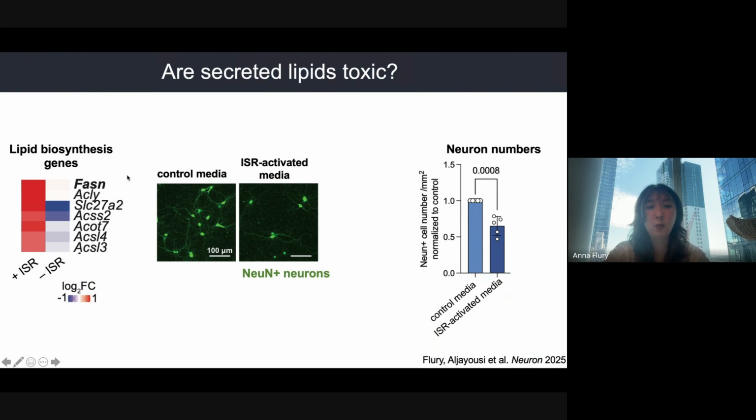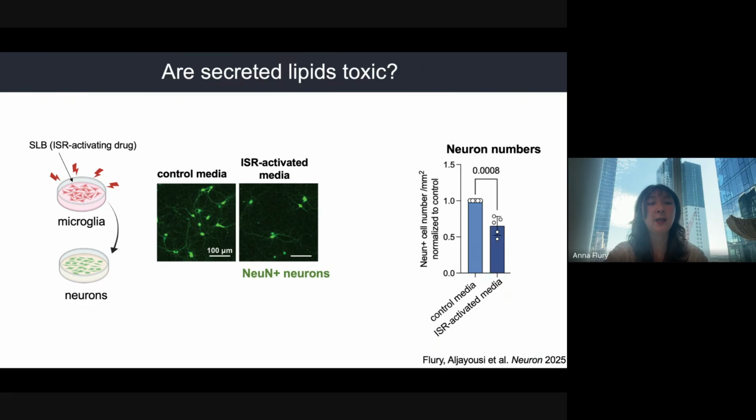So what we could do was get an inhibitor of FASN, and that should greatly reduce lipid synthesis in microglia. So we used this FASN inhibitor. We activated ISR, and we then also co-treated with a FASN inhibitor. So ISR is activated, but lipids are not being produced.